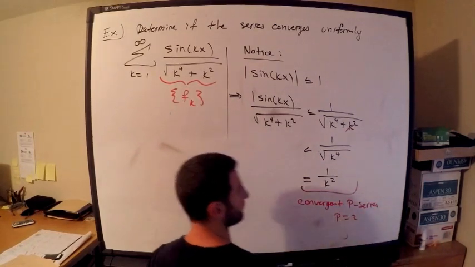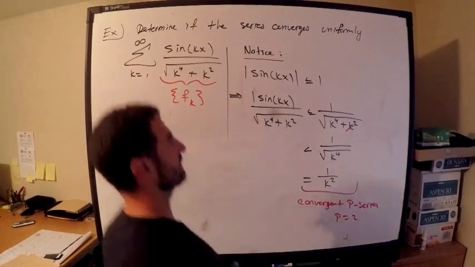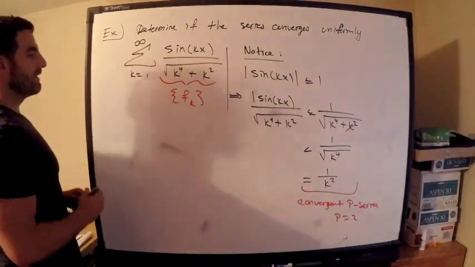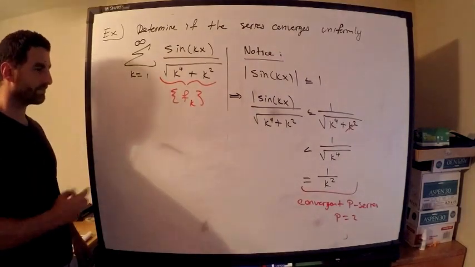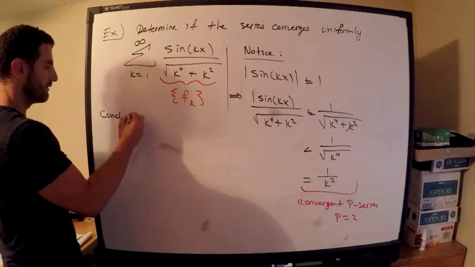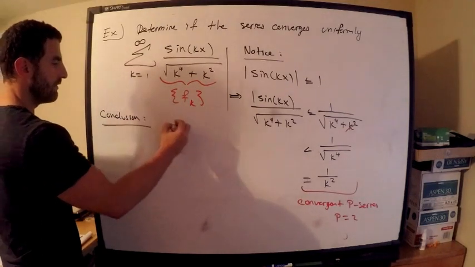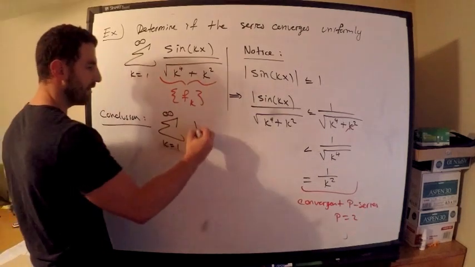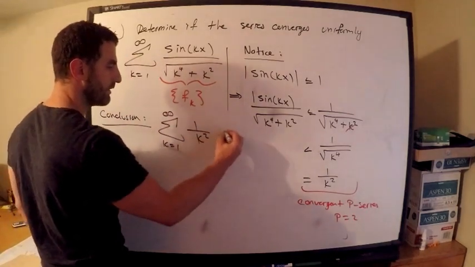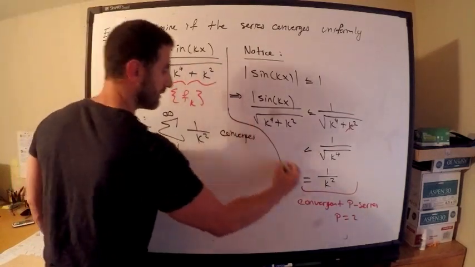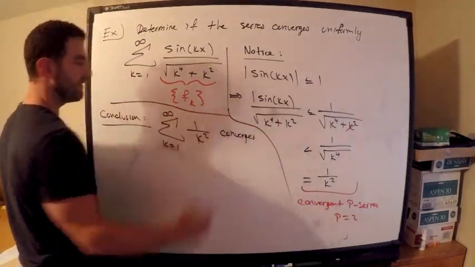With p equals 2. Let me write down my conclusion because I'm done. The sum from k equals 1 to infinity of 1 over k squared converges. So what can I say then?